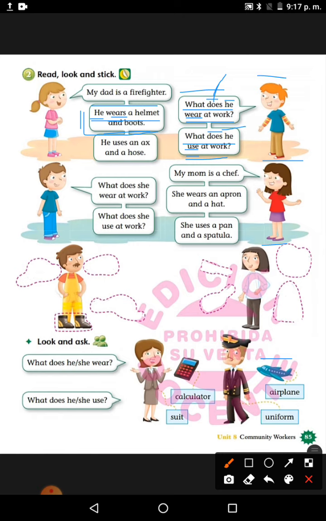But in the answer, as you can see, we add a letter S at the end of the verb, okay? Do you know why? Yes, because the sentence is in present simple and we are using a third person singular as a subject, he, okay? And if you look at the second dialogue, you will find the same rule, okay?